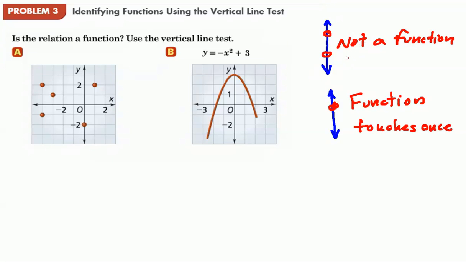It's not a function if it touches more than once. Okay, so that's what you're looking for. So anything more than one is not a function. So let's start with A. You have all these points. You need to identify whether it's a function. So what you want to do is just draw a nice vertical line. So we're going to go ahead and find if there's 2 points on a vertical line it touches.